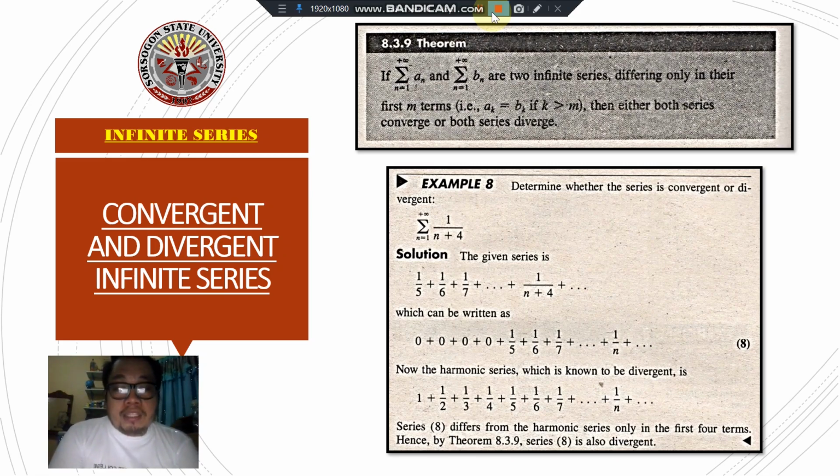So the given series differs from the harmonic series only in the first four terms. With that, since the harmonic series is divergent, the given infinite series is also divergent.